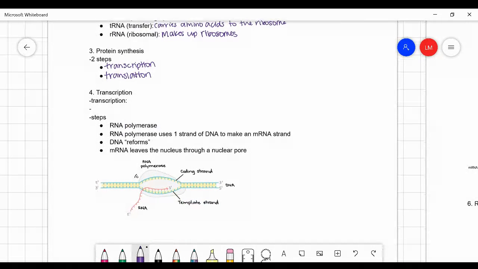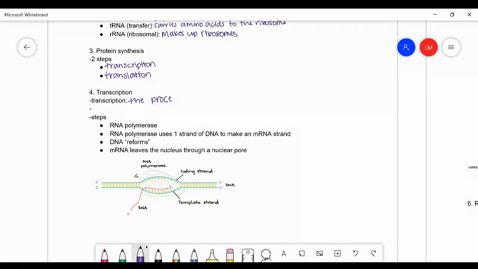So during transcription, that is the process of using DNA to make mRNA, or messenger RNA.